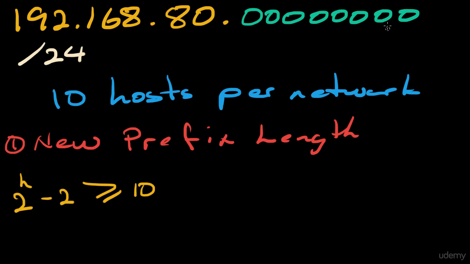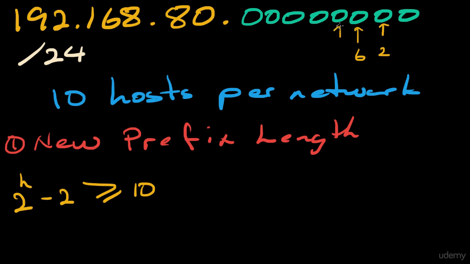So 2 host bits would give us just 2 IPs. If h is 3, then it's 2 to the 3 minus 2: 2 2s are 4, 4 2s are 8. 8 minus 2 is 6, so that's not enough.